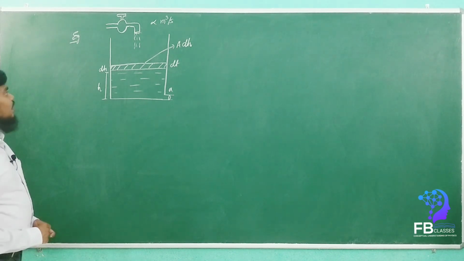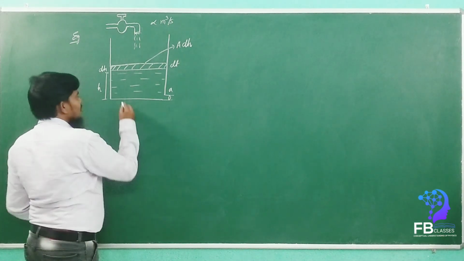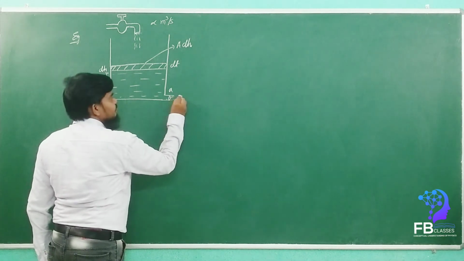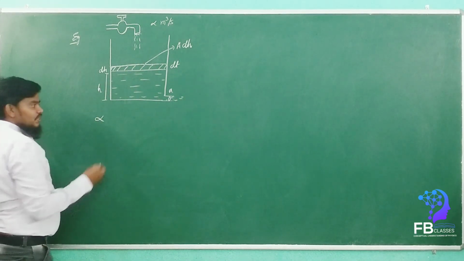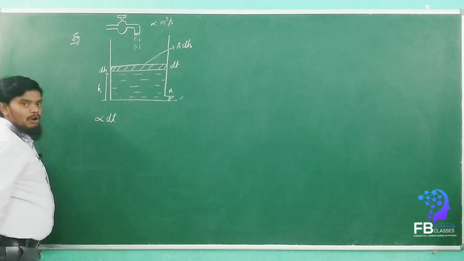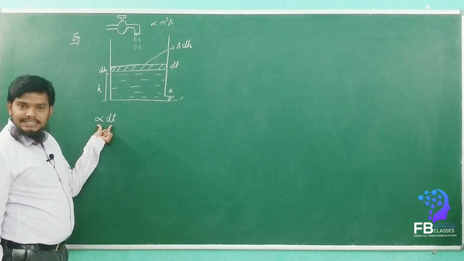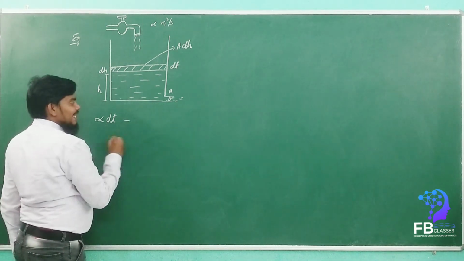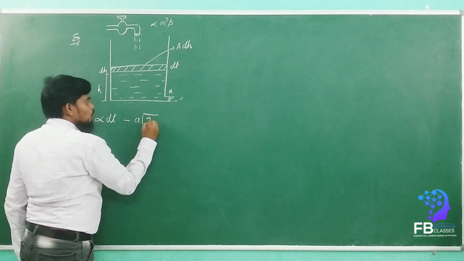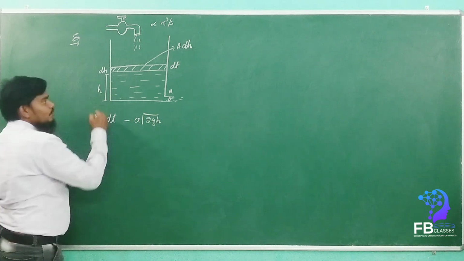So the water comes out from the orifice. See here, alpha dt. In a dt time, how much water will come? Alpha dt from the tap. How much water goes from the orifice? Minus a root 2gh. Yes or no?